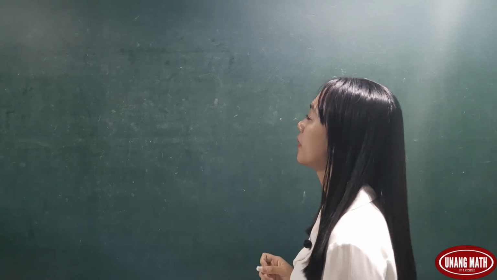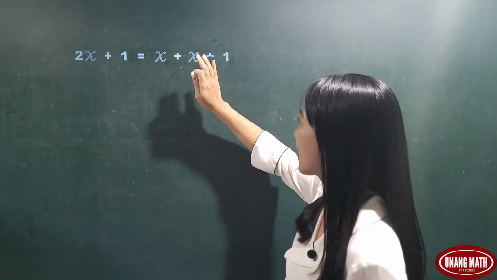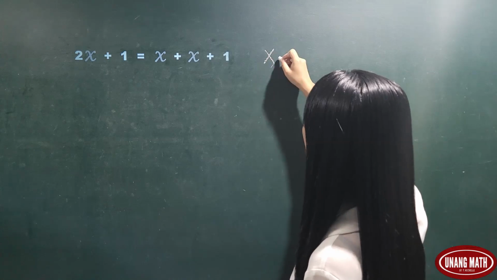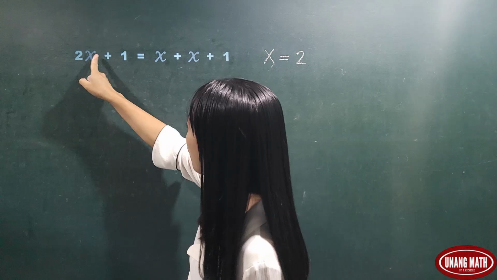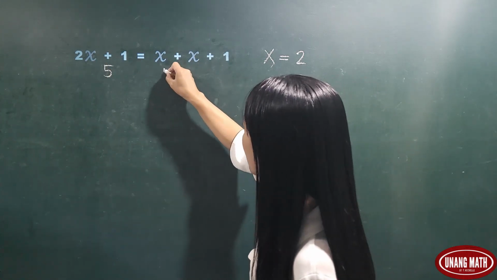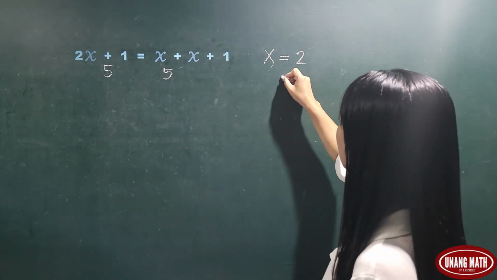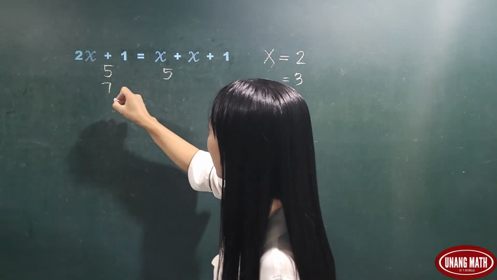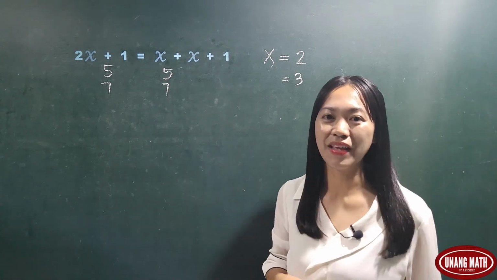Let's give an example. 2x plus 1 is equal to x plus 1. Let's say the value of variable x is 2. So 2 times 2 is 4 plus 1, 5. 2 plus 2 plus 1 is also equal to 5. How about if x is equal to 3? 2 times 3 is 6 plus 1, 7. 3 plus 3 plus 1 is also 7.